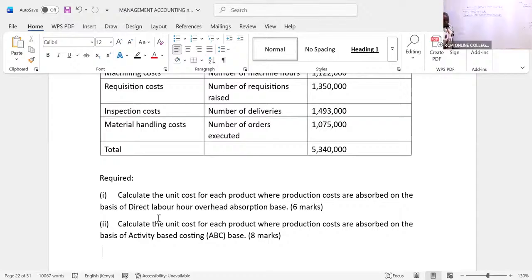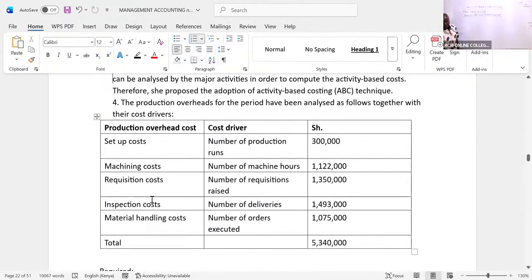And the examiner has done a great favor to us. He has given us these ones here. So we have the cost drivers. I'm just copying the way they are.